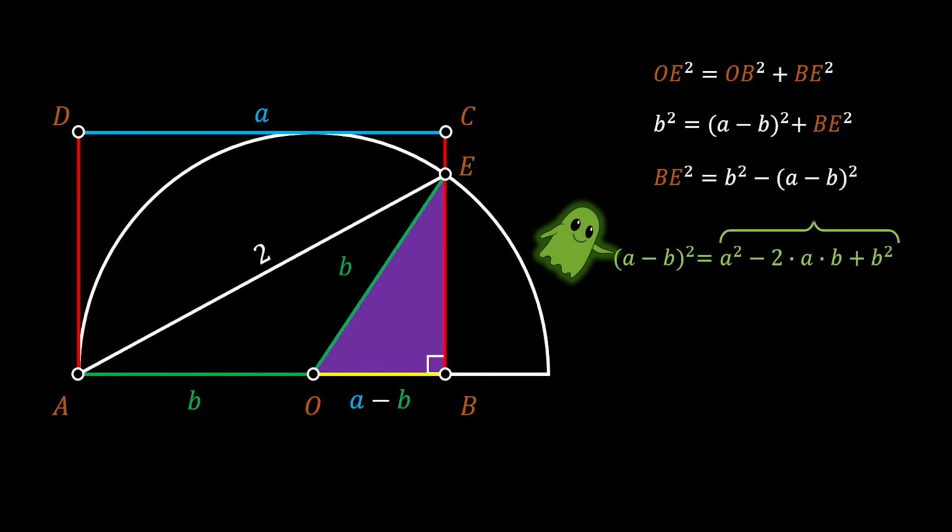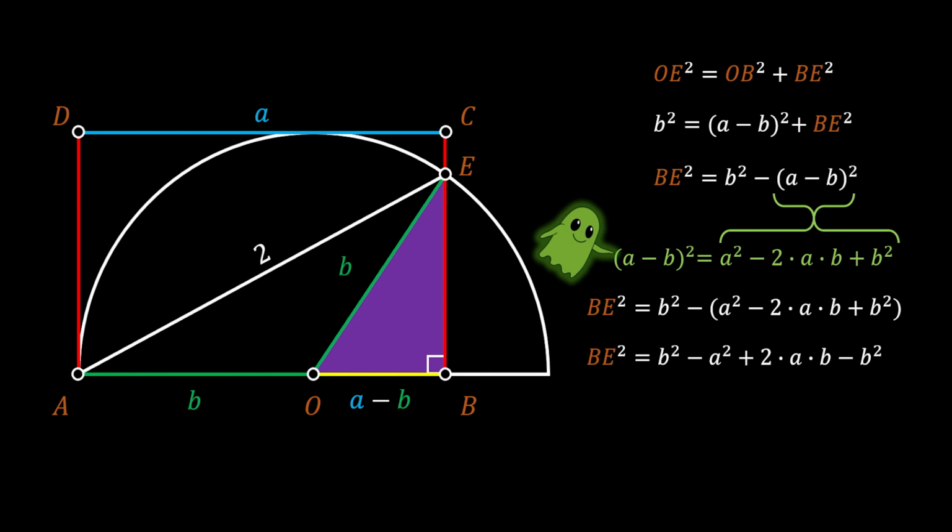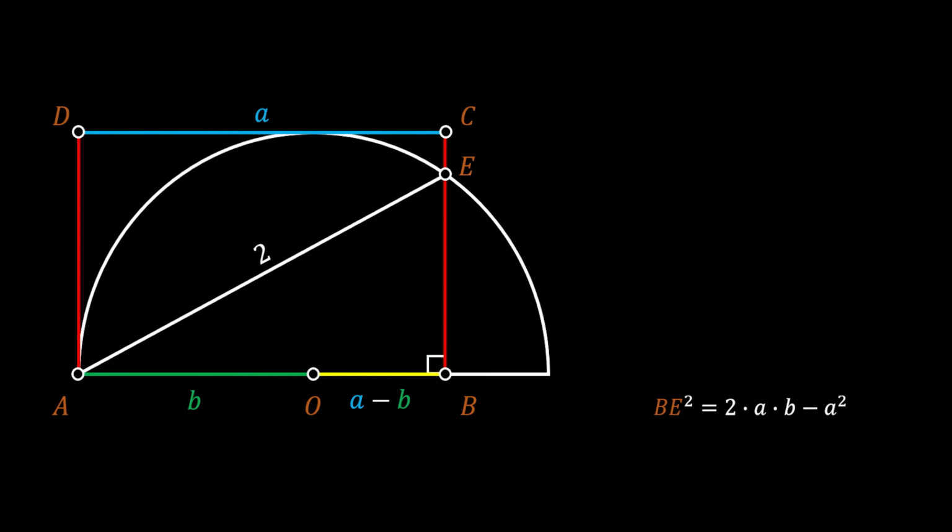So we can apply this formula for our second term, and we will get the following expression. Now we can lose the brackets and we can cancel b squared. And from here we will get that b squared is equal to 2 times a times b minus a squared.